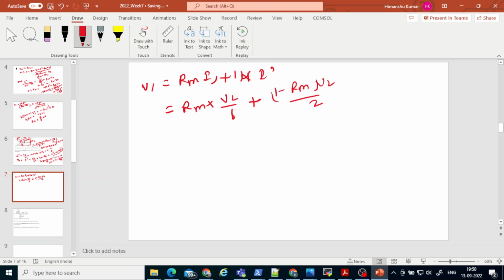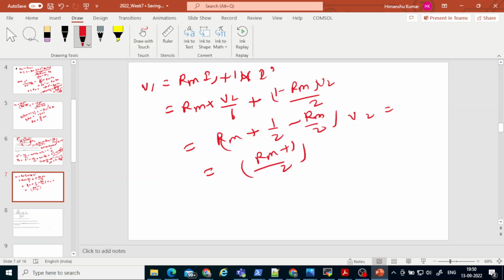Okay, so now let's just add. We can take out the V2 as common. So Rm plus 1 by 2 minus Rm by 2 times V2 equals Rm plus 1 by 2 times V2.